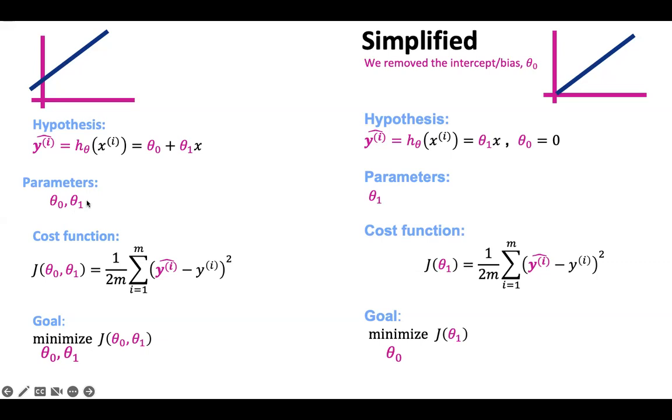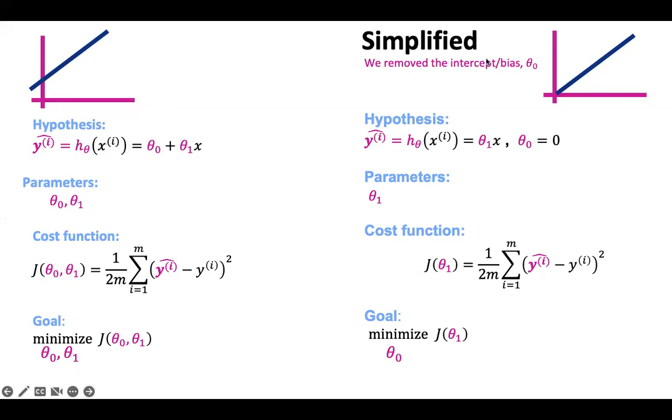These are the weights that we want to estimate. And the cost function is, of course, already shown here. And our goal is to minimize j of theta 0 and theta 1 with respect to the change in theta 0 and theta 1.